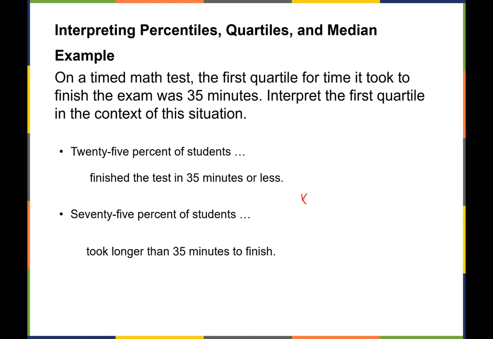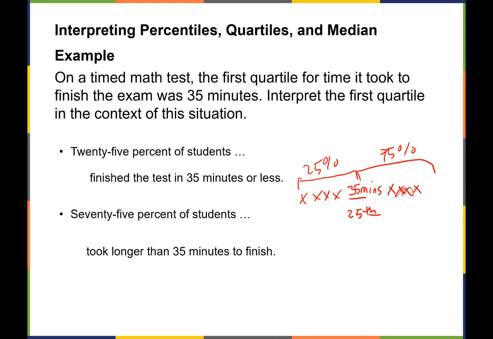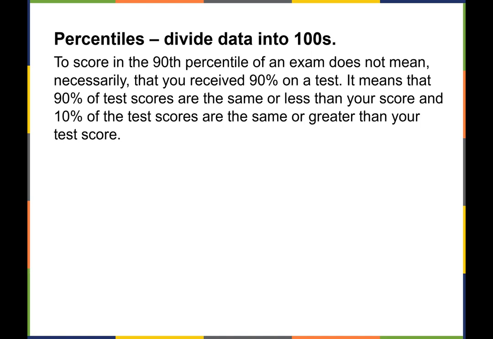We have some data, and then we get to the 25th percentile, and that value is 35 minutes. And then we go along and we have a lot more up here, right? So 25% of the data is in here, and 75% of the data is more than that. If it was the median, we would say 50% was below and 50% was above.